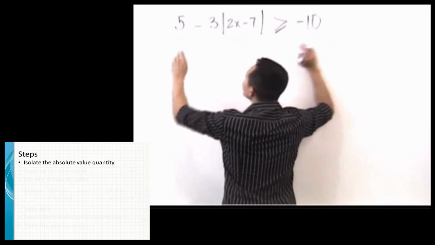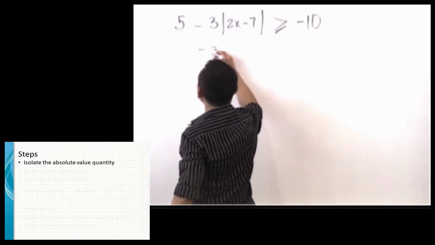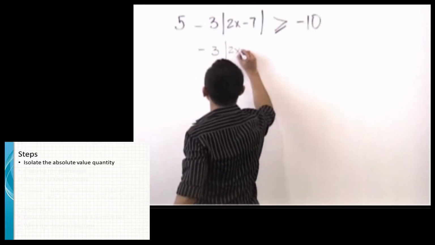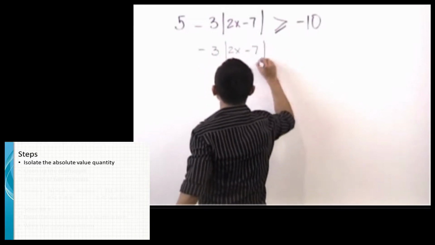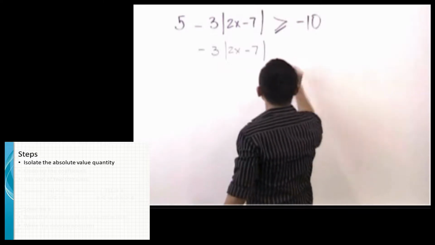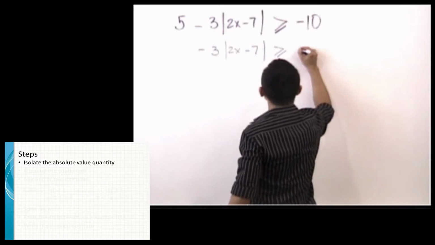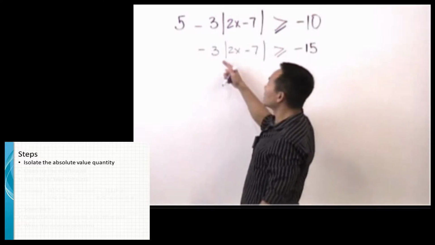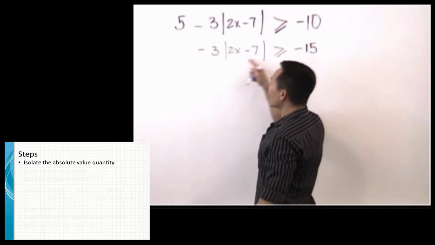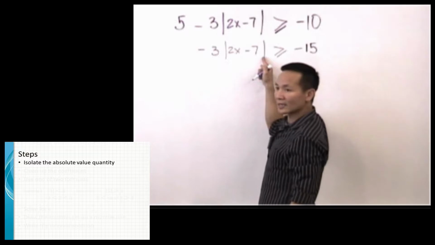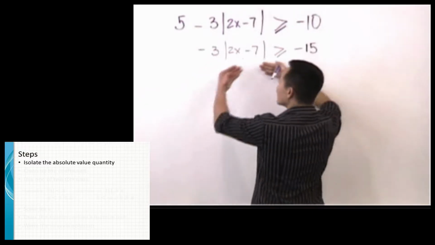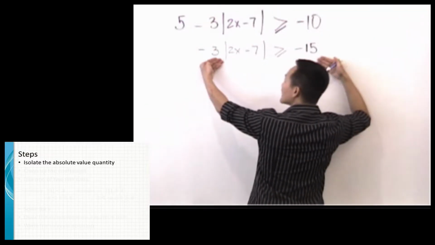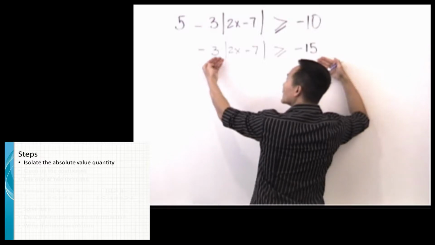I do that, I only have -3 times the absolute value of 2x minus 7 left, greater than or equal to -15. And then we want to isolate only the absolute value of 2x minus 7. So I will divide both sides of this inequality by -3.